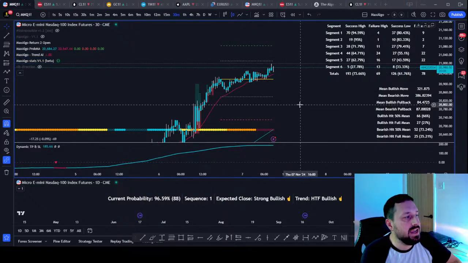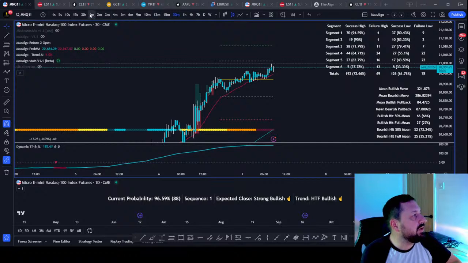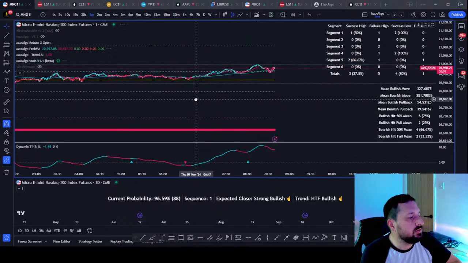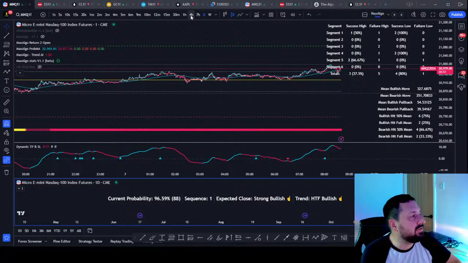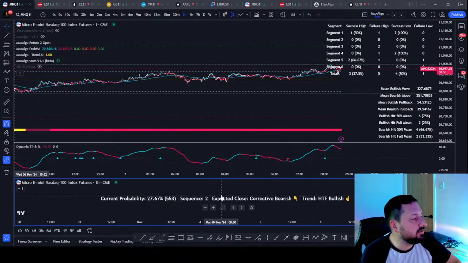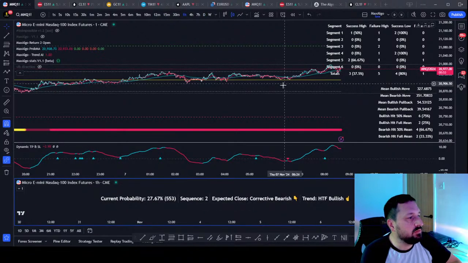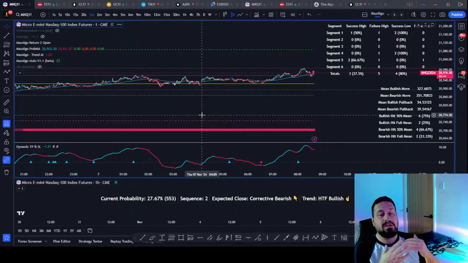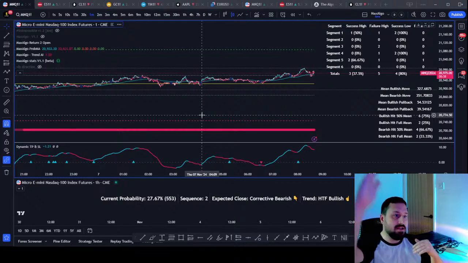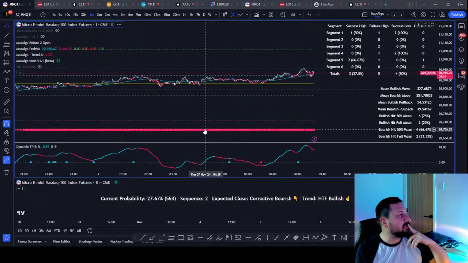I think if the day is going to flip, we need to see the 1 hour flip. We're going to have that push. We're corrective bearish at the moment, right? We want to see sequence one, bullish, high time frame bullish. That's going to be a potentially good entry, because if the daily's a sequence one and then the 1 hour gives us a sequence one, we could get a really good push.